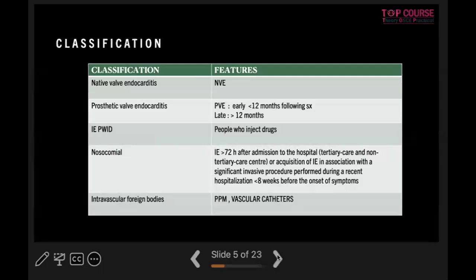Or it could be nosocomial infective endocarditis if it happens more than 72 hours after admission to the hospital, or acquisition in association with an invasive procedure performed during the recent hospitalization less than 8 weeks before the onset of symptoms. That is called nosocomial infective endocarditis, or infective endocarditis related to intravascular foreign bodies like vascular catheters or pacemakers.